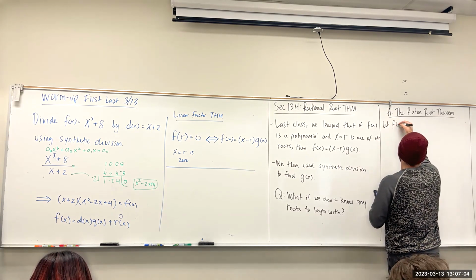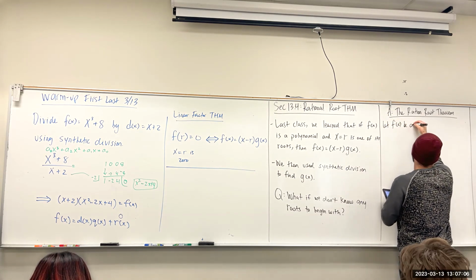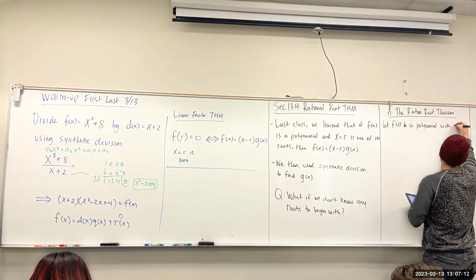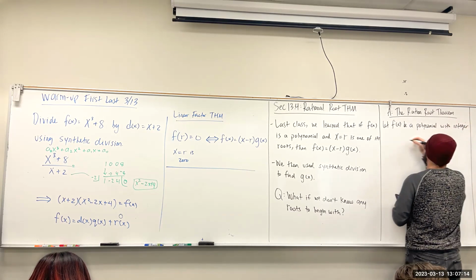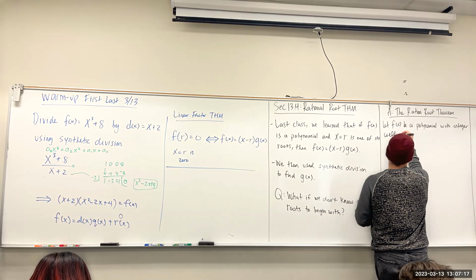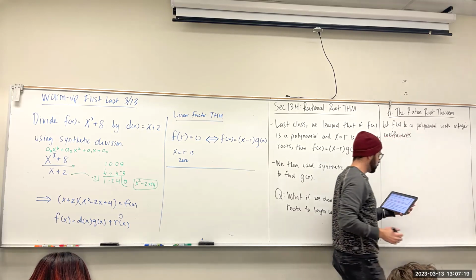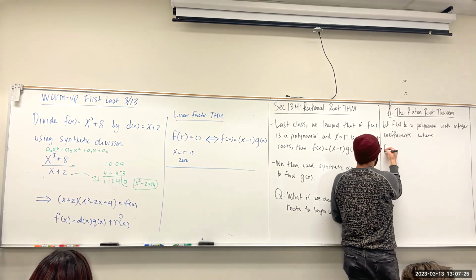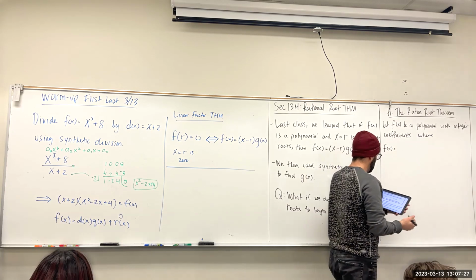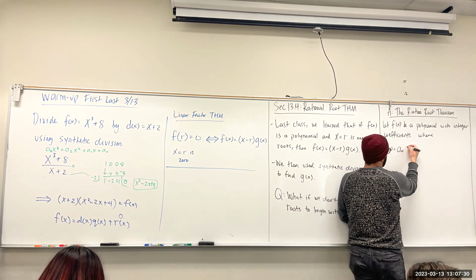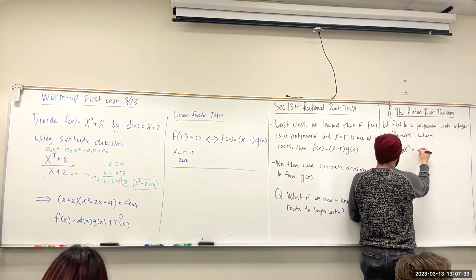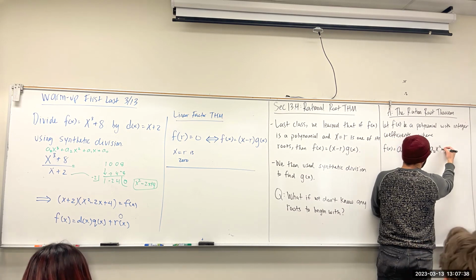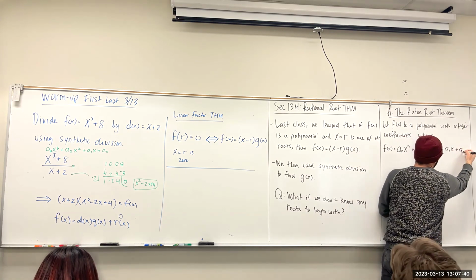Let f of x be a polynomial with integer coefficients, where the polynomial looks something like this. Let's say it's degree n, so it's a_n x to the n, and then you keep going, you get a_2 x squared, a_1 x, and then a_0.